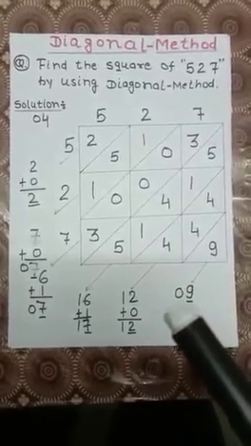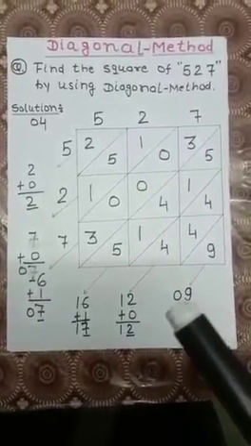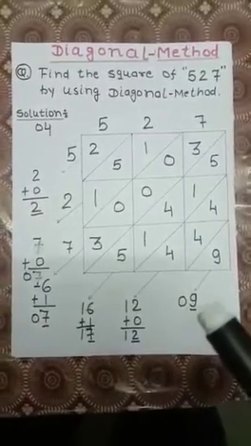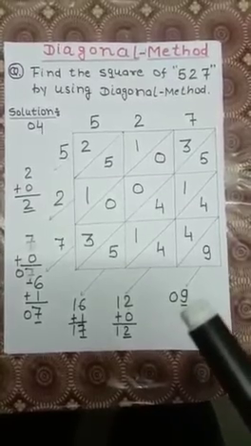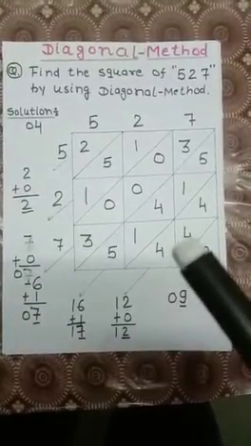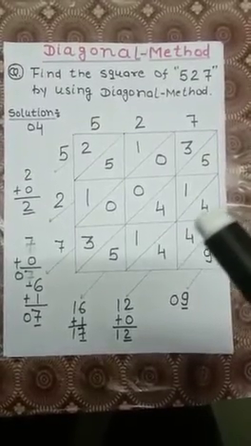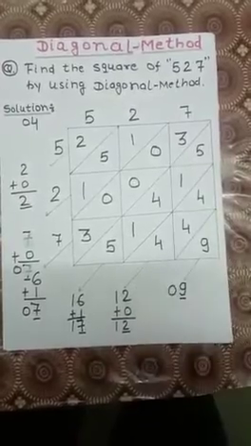You have to write 9 as 0 and 9. So 9 is the ones place digit and 0 is the tens place digit. So also you underline the ones place digit, which is 9. Now what is the sum of this line? 4 plus 4 is 8, 8 plus 4 is 12. So you have to write 12 here below this line.